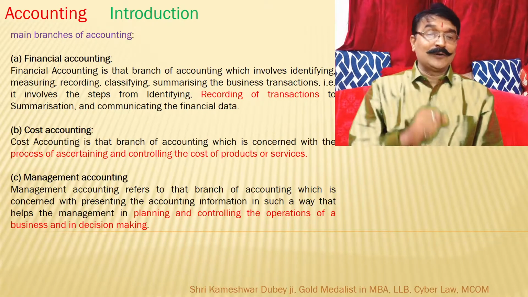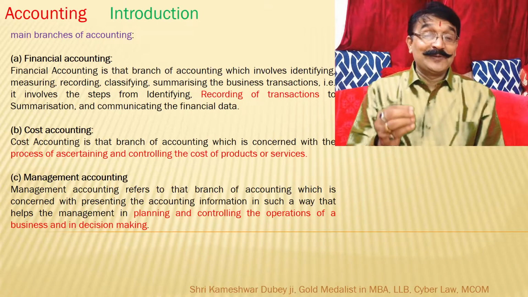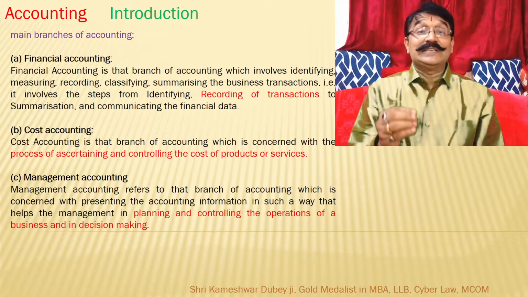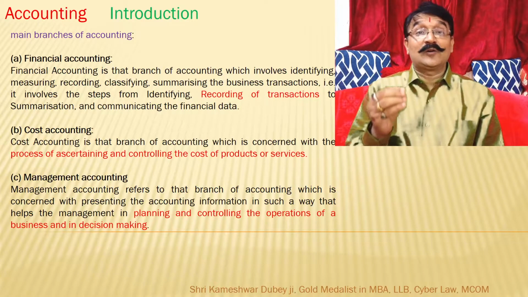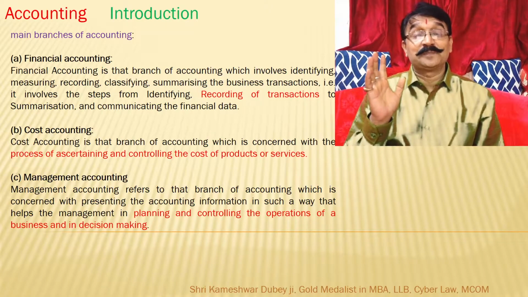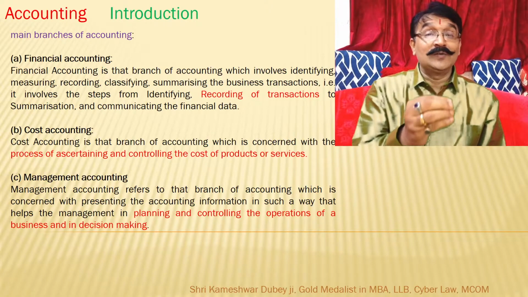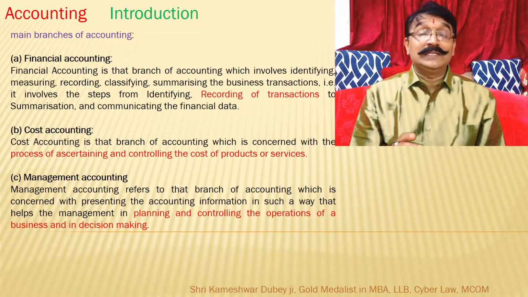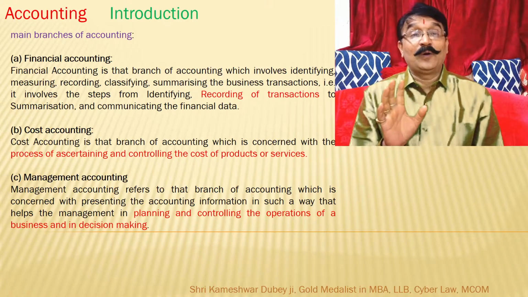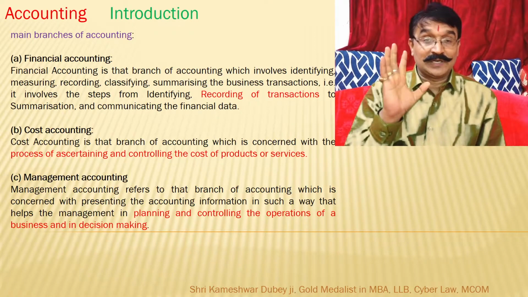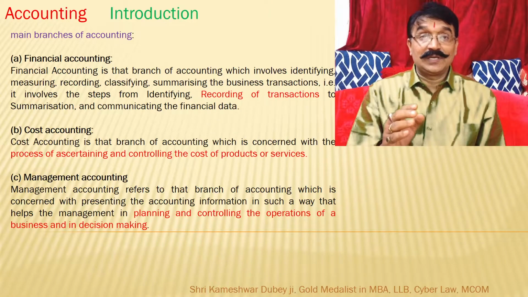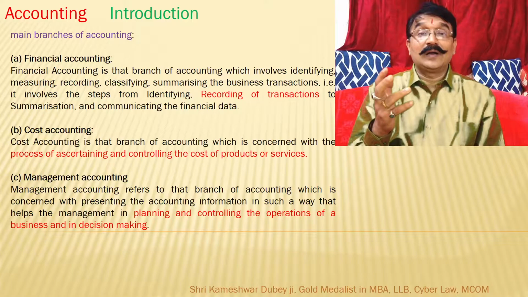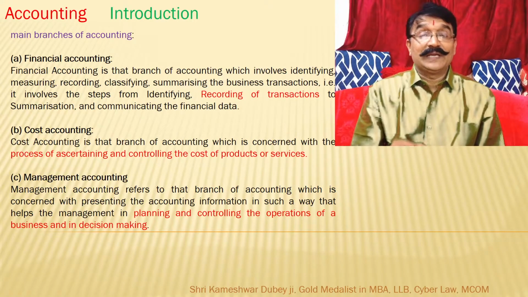Then cost accounting. Cost accounting is the process of ascertaining and controlling the cost of products and services. It is related to production only. During the process of production, either some products are coming or some services are being rendered.